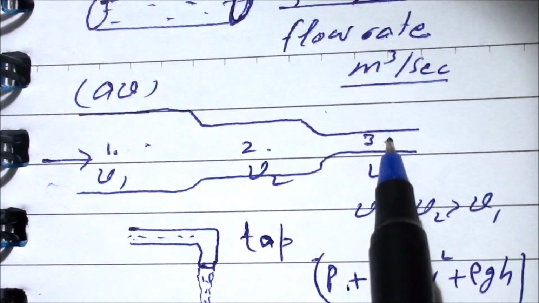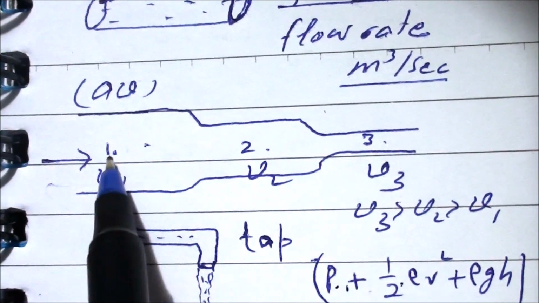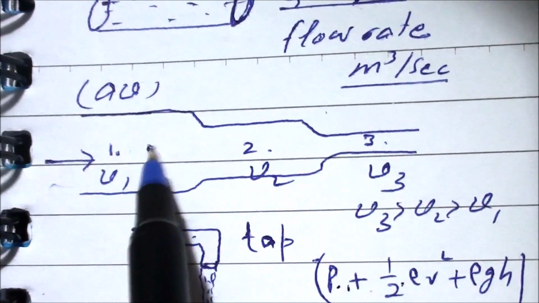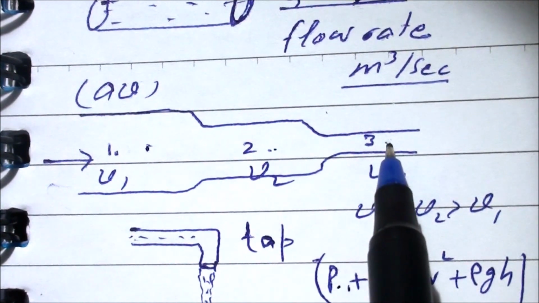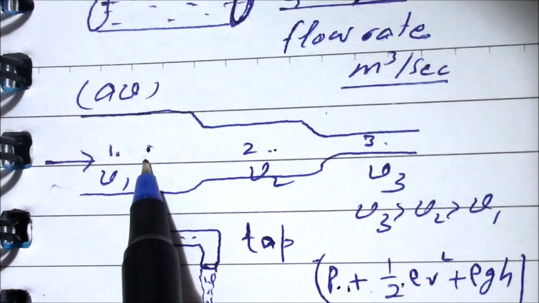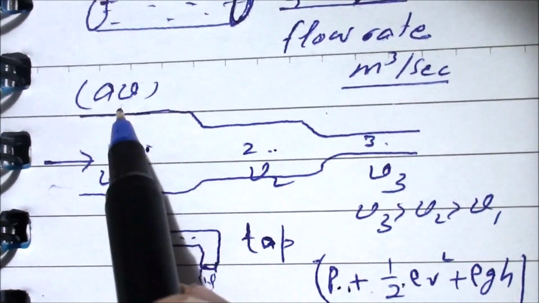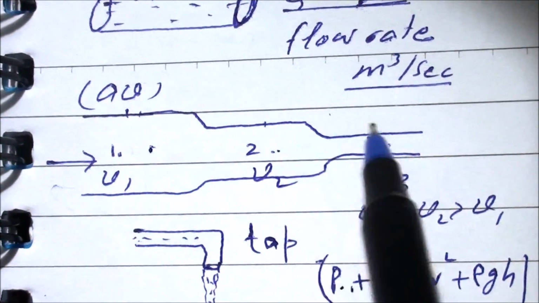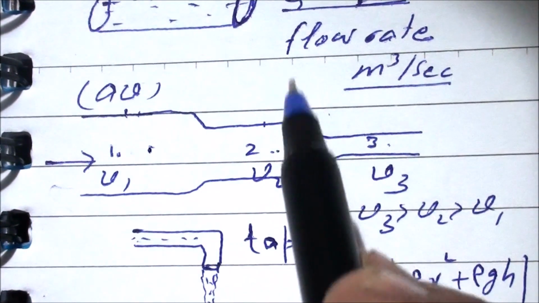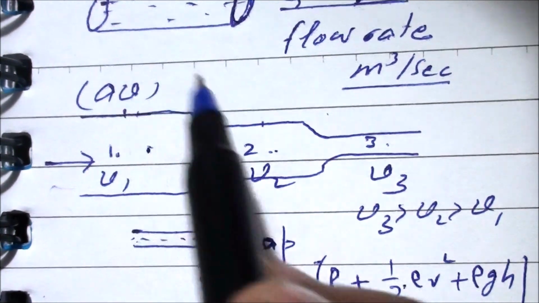Now velocity is maximum here. It means the pressure will be minimum. So even the pressure at points 1, 2 and 3 won't be the same. Here the velocity is minimum, so pressure will be maximum. So if we make holes in this tube here and connect vertical tubes, here the pressure is maximum, so water will go up to the maximum height here.